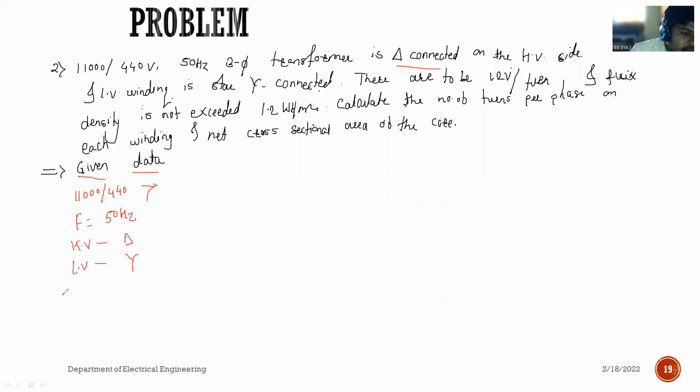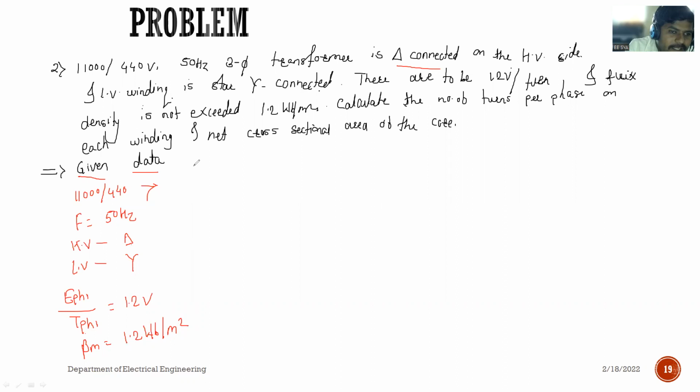Suppose we write EPH1 divided by TPH1 is given, that means voltage per turn is given, that is 12 volt, so 12 volt can be induced per turn. Also the flux density is given, that means Bm is given, it is nothing but 1.2 Weber per meter square.